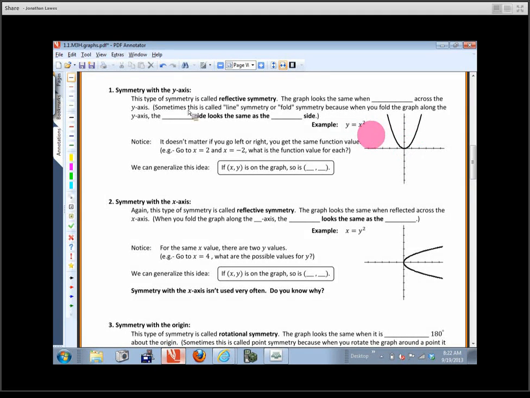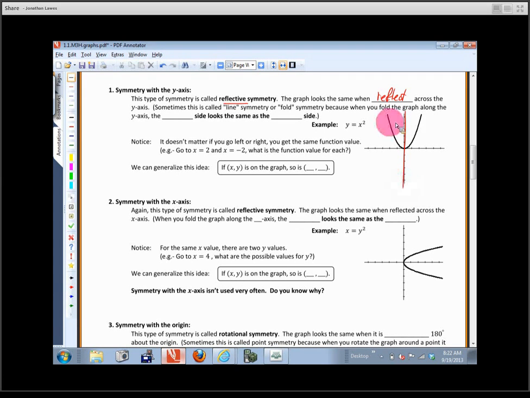This type of symmetry is sometimes called reflective symmetry, because the graph looks the same when we reflect across the y-axis. Occasionally, this is called line symmetry or fold symmetry, because we can imagine taking your paper and folding it right along the y-axis.